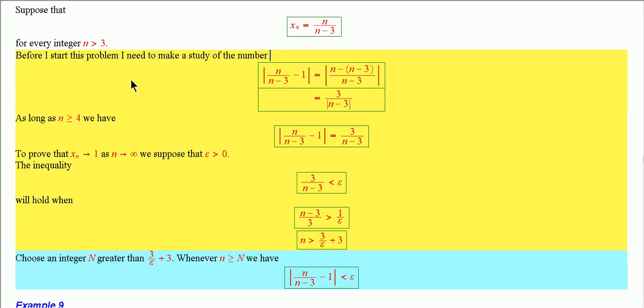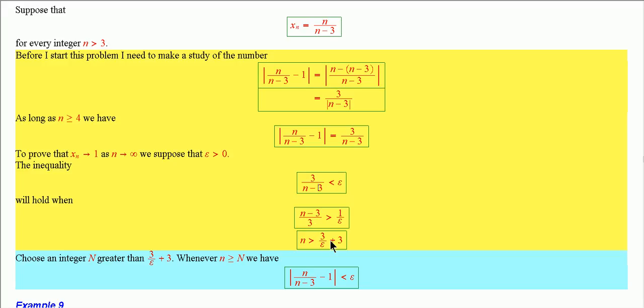To look at this one more time, I said, first examine the distance from n over n minus 3 to 1. And we found that's the formula. Then I said, now suppose that epsilon is greater than 0. How do I make this less than epsilon? Ask yourself, what makes this less than epsilon?